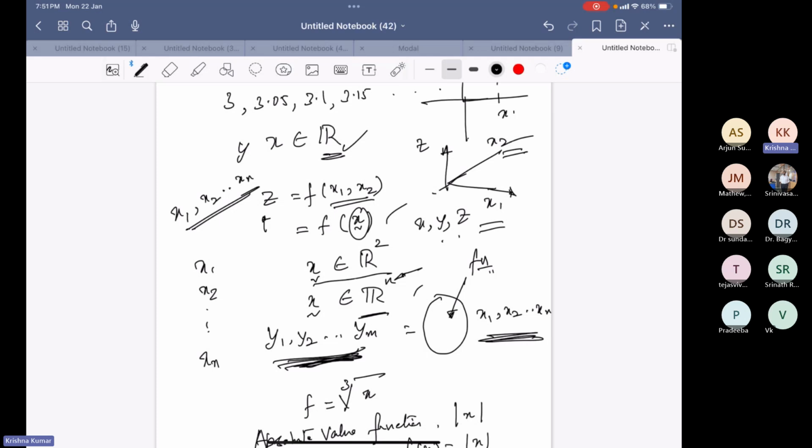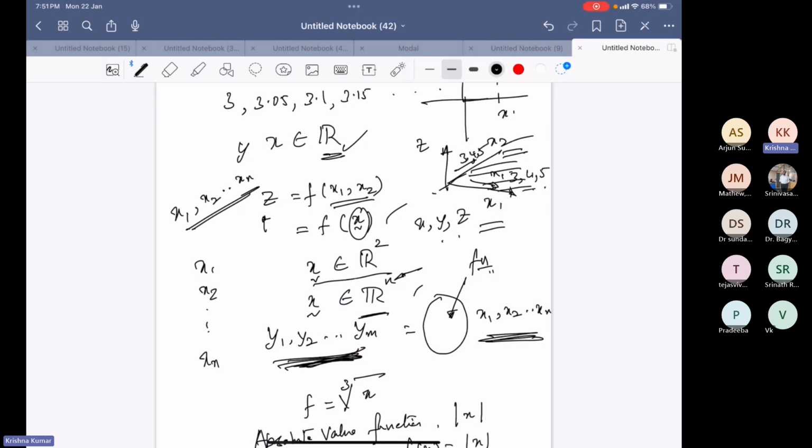Please note this: independent variables, which means that if I now go along this line of x1, x1 can take a value of 3, 4, 5, and so on. If I go along this line, x2 can take a value of 3, 4, 5.